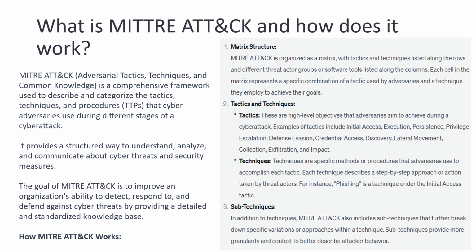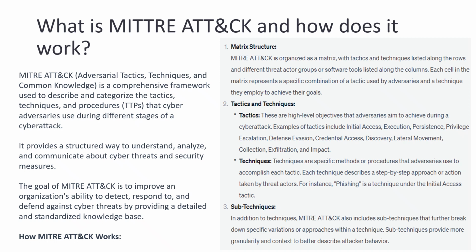Examples of tactics include initial access, execution, persistence, privilege escalation, defense evasion, credential access, discovery, lateral movement, collection, exfiltration, and impact. Techniques. Techniques are specific methods or procedures that adversaries use to accomplish each tactic.